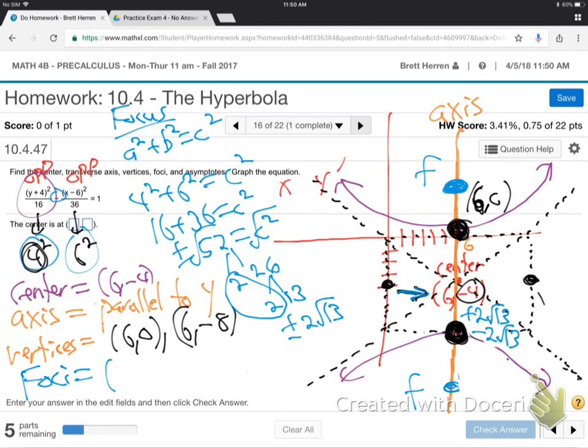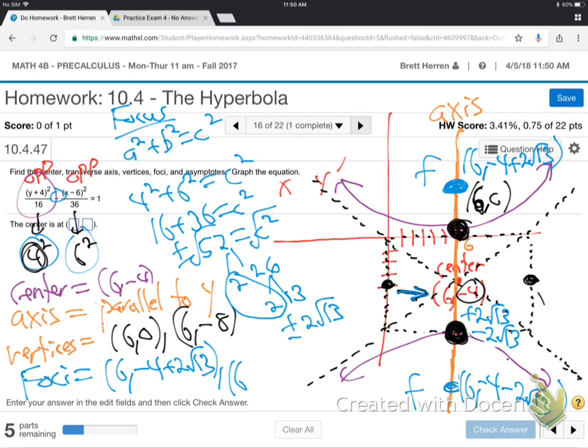So this point will become 6, -4 plus 2 root 13. And this will be 6, -4 minus 2 root 13. So I'll write it over here: 6, -4 plus 2 root 13, and 6, -4 minus 2 root 13.